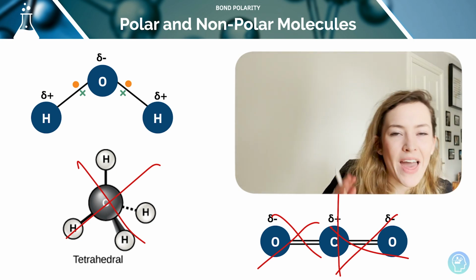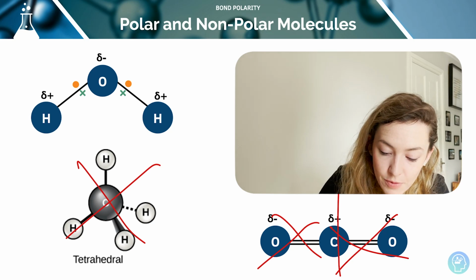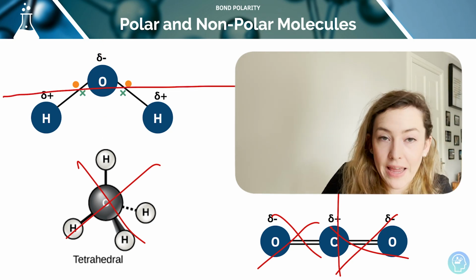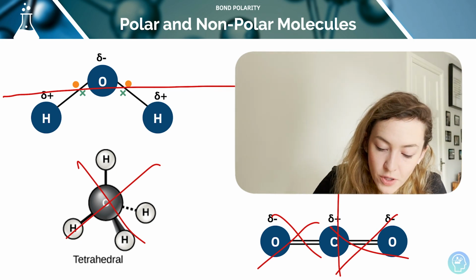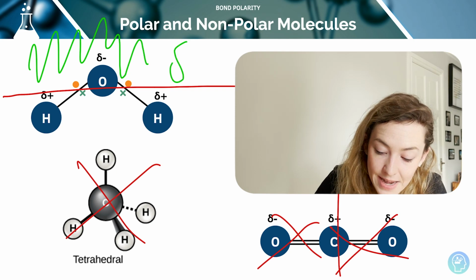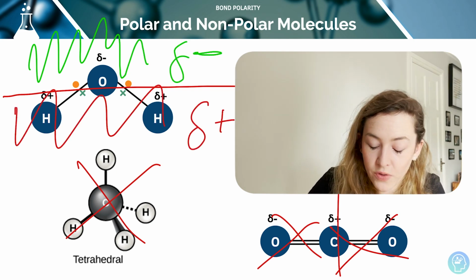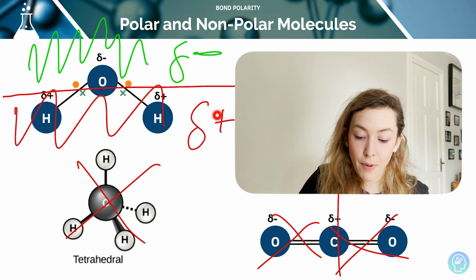Whereas with water, there is an overall polarity. Although we have got symmetry along this plane, that's fine, we don't have it along this plane here. If I look at this molecule at this angle, on the top half we've got an overall delta negative, and on the bottom half we've got an overall delta positive because we've got the hydrogens on the lower part. So there is a polarity.